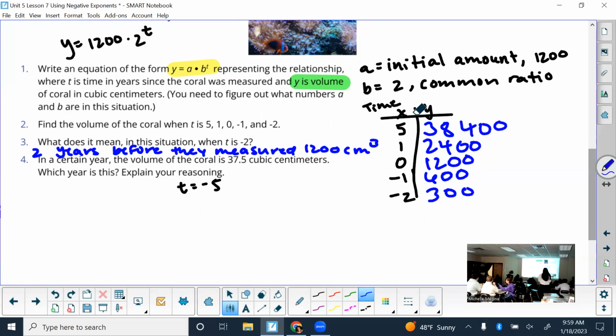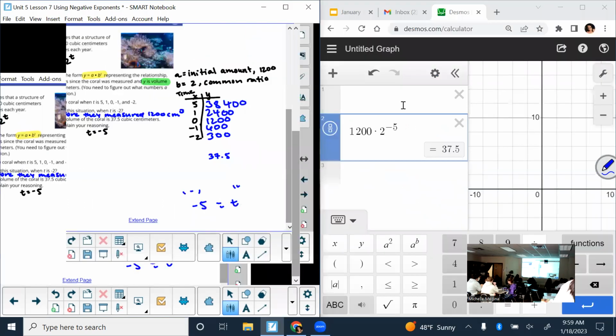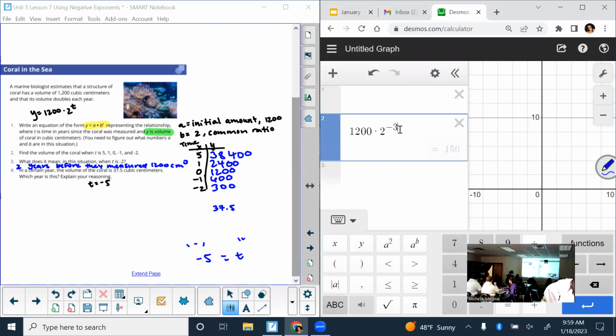They get smaller as well. So if my output that they're wanting to find is 37.5, it's probably even smaller than the -2. So you could guess and check. When I plug in -3, I get 150, -4, I get 75. So we're getting closer. And then -5 gives me the answer they want.